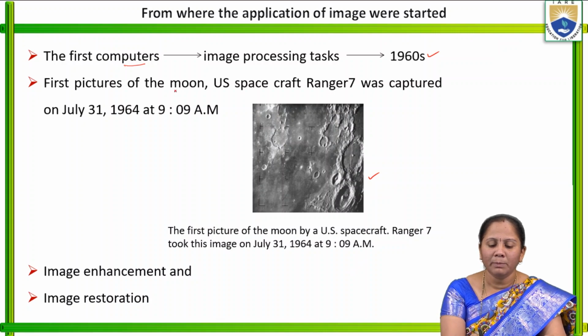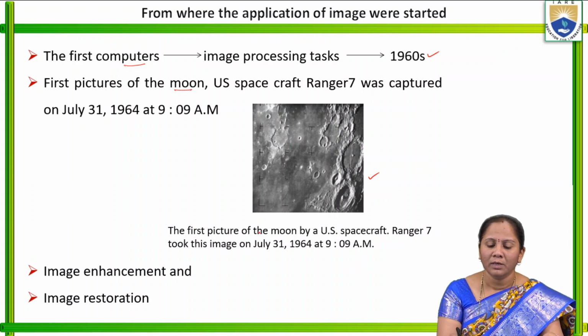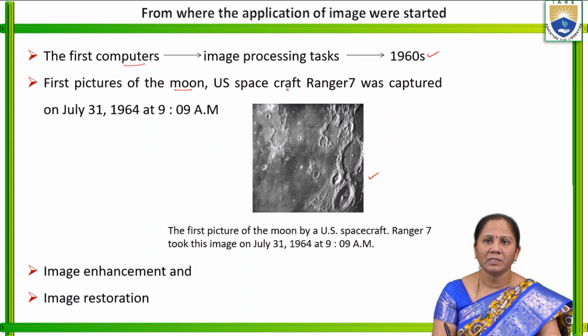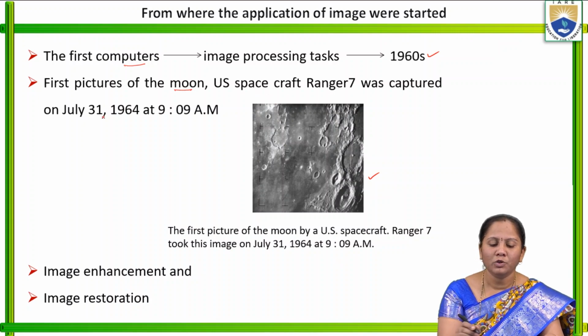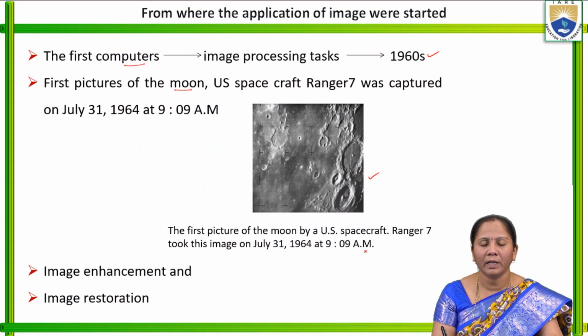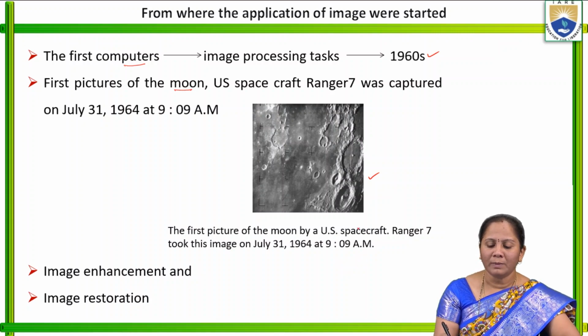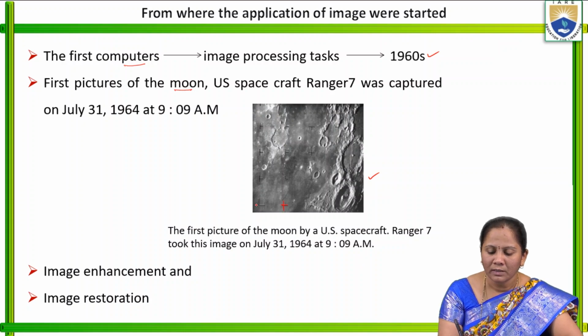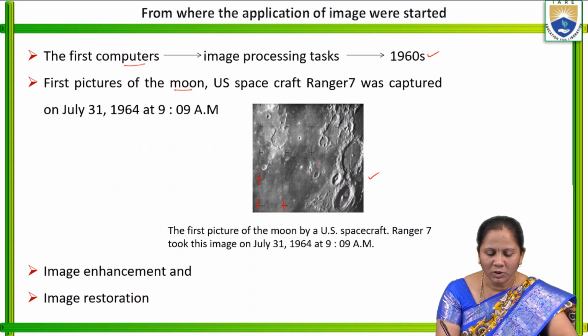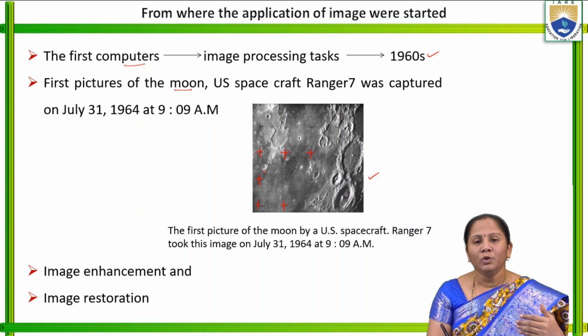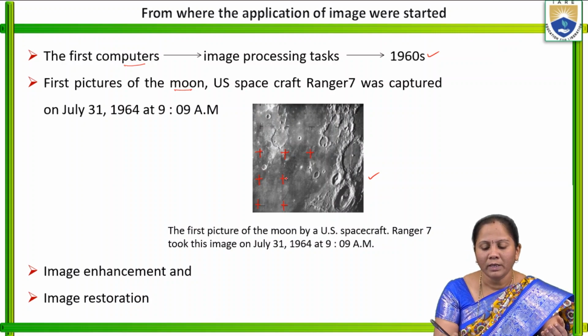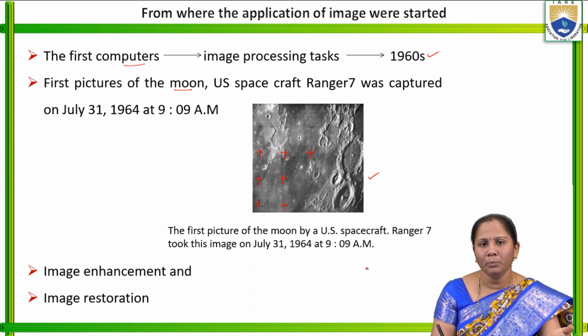This is the image of the moon captured by the US spacecraft Ranger 7 on July 31, 1964 at 9:09 a.m. If we observe this image, we can see small dots on it. Using these dots, the image was enhanced and the resolution improved.